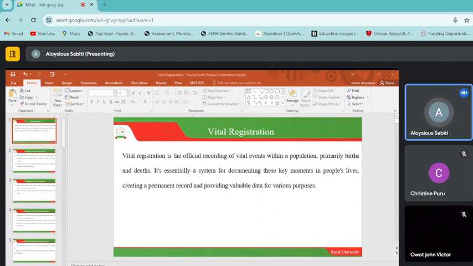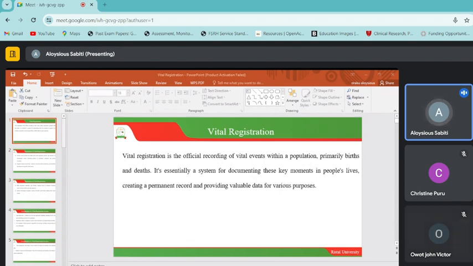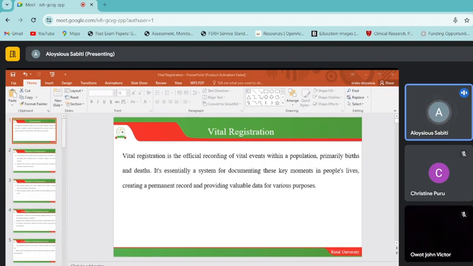So when you're able to collect the number of births or deaths that occur in a particular population, you can track how the population is growing, but also what age groups your population comprises.